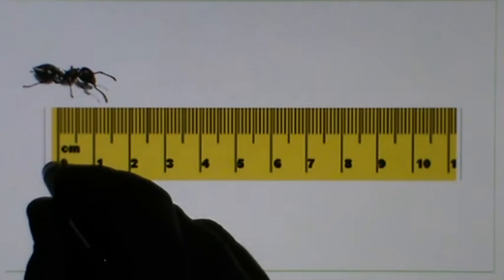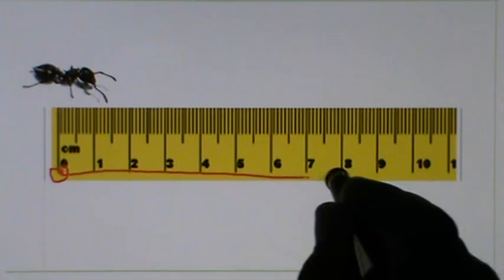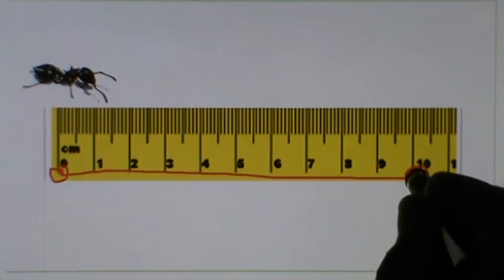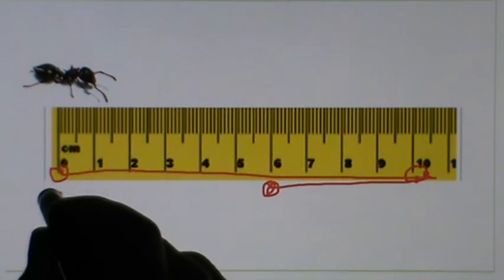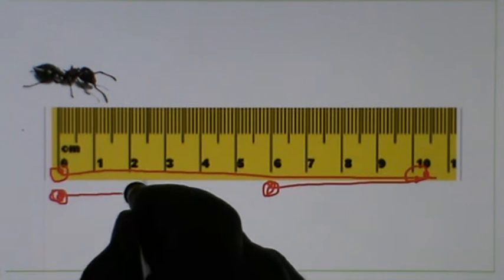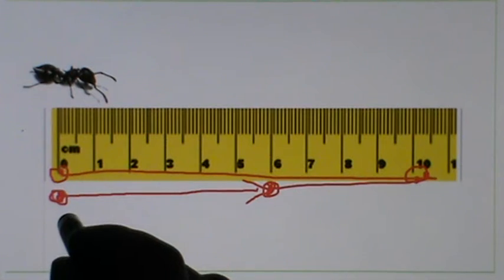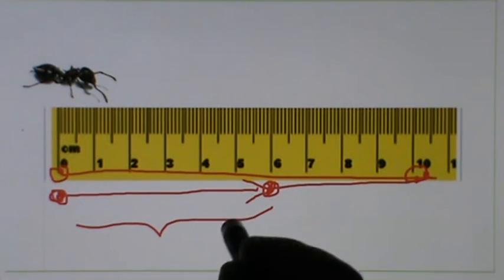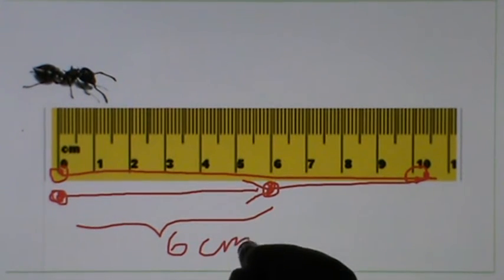So if the ant starts from 0 and then moves to 10 and then goes back to 6, the displacement vector starts from here and it ends at here. And you can see the magnitude of the displacement is 6 centimeter.